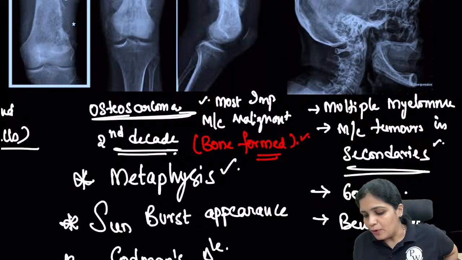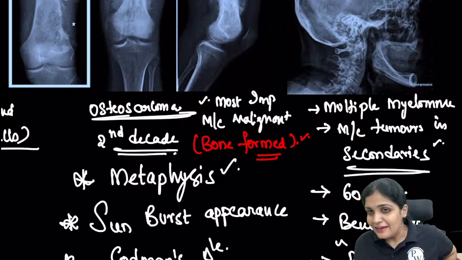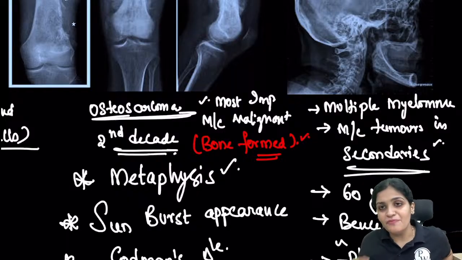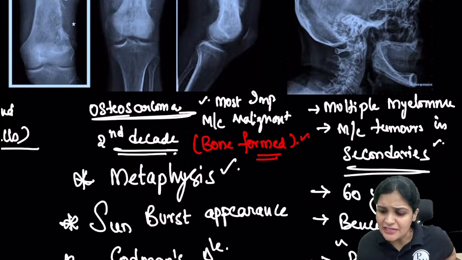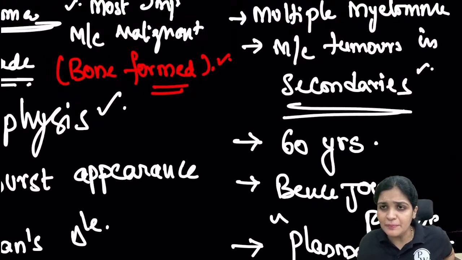So there is a problem in which cells? Plasma cells? Plasma cells. Very good. It is a cancer of plasma cells. So what do plasma cells actually do for the body? What is the function of the plasma cells?